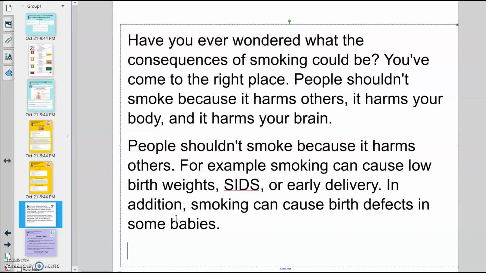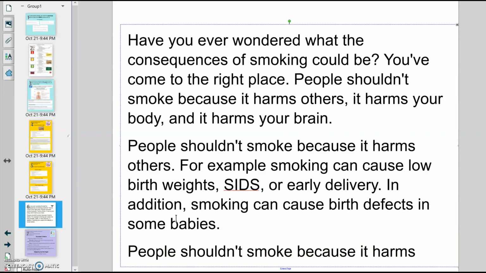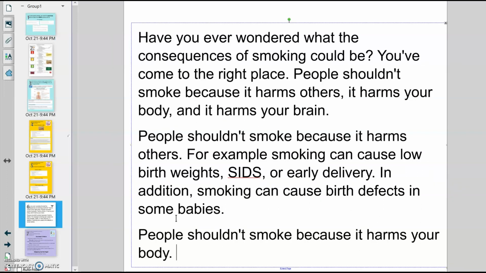Okay, now I'm on my second body paragraph. This will be about my second reason. People shouldn't smoke because it harms your body. I think I'm going to give a micro story here because I know that my grandma used to smoke and she developed heart disease.